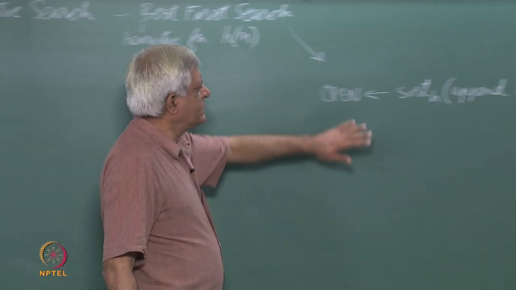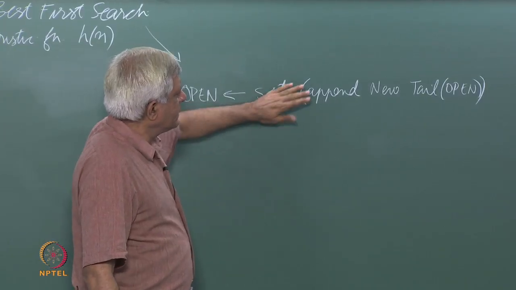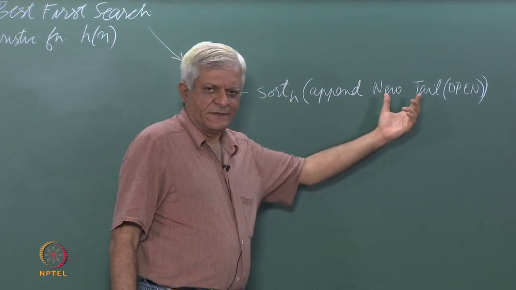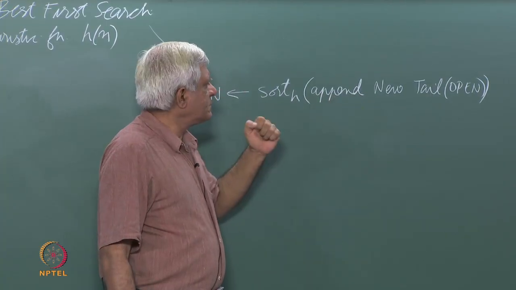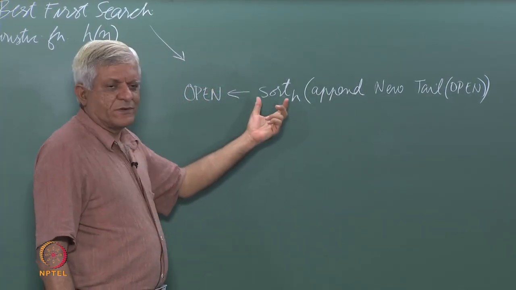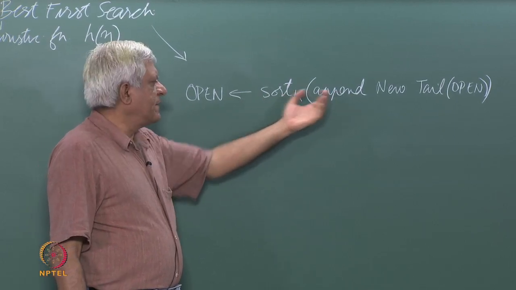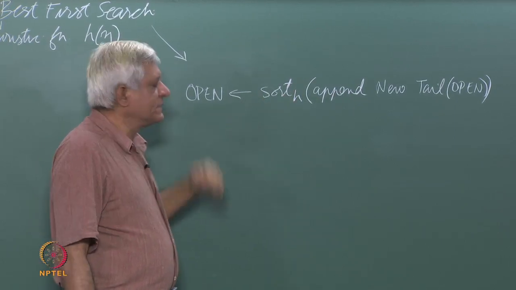If you did not have this sort on h, then you would simply append the new nodes to the tail of open, and its behavior would have been like depth first search. But now we are sorting on this heuristic function h, so that the best nodes come to the head of open.